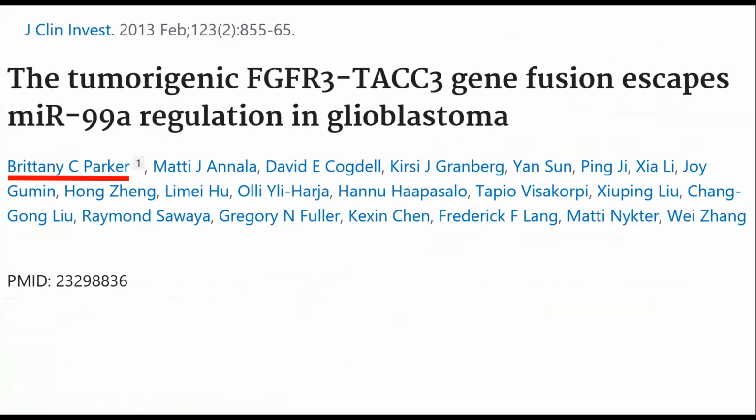Now, we cannot leave the topic of FGFR-TACC fusion without pointing out that our own Brittany Parker Kerrigan was the co-discoverer of this class of diffuse glioma fusions, and that is a super cool thing. And I think whenever our people are involved, and I know that we have neuropath fellows from other institutions, Duke, etc., it's the same way there.